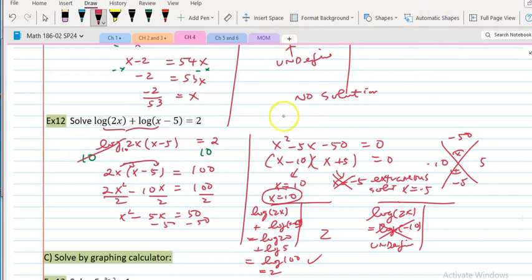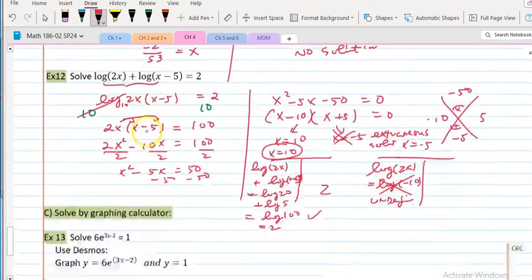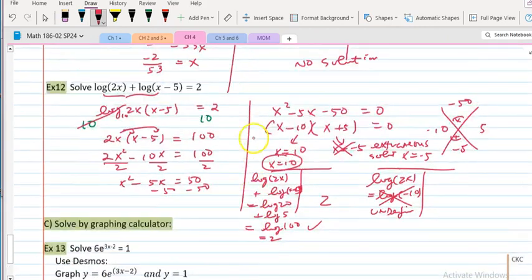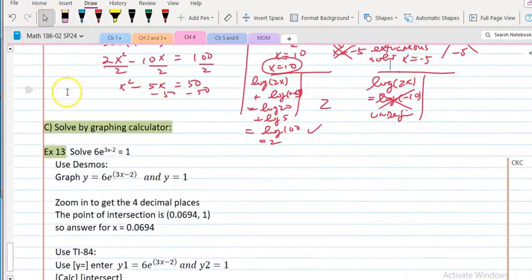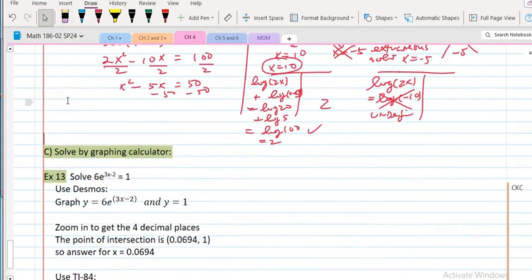So that's the idea of solving this complex log equation. And remember, just like in chapter 4.3, if this is a really simple log equation, you just do a rewrite.